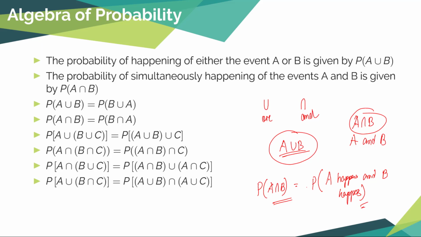But if I write probability of A union B, this means the probability that A happens or B happens, or both of them happen. A union B means if A happens, then it is satisfied, and if B happens, then also it is satisfied.